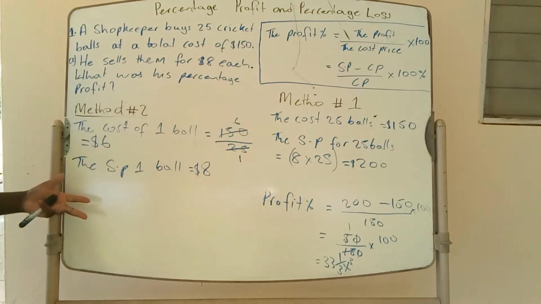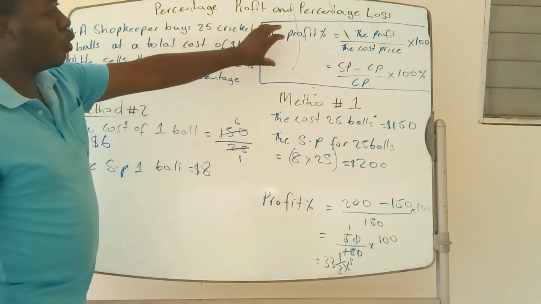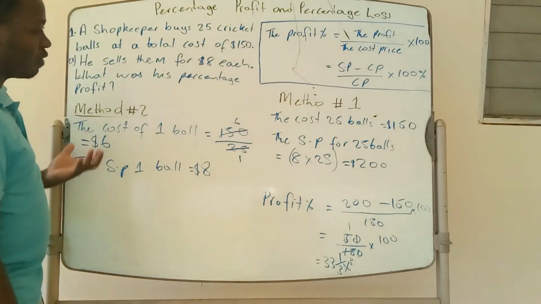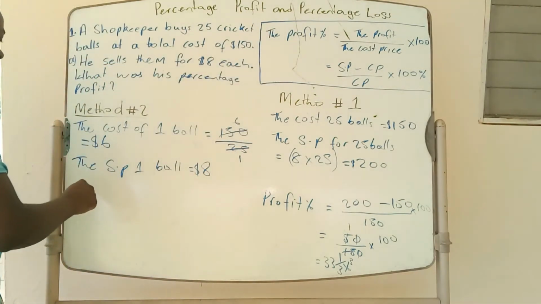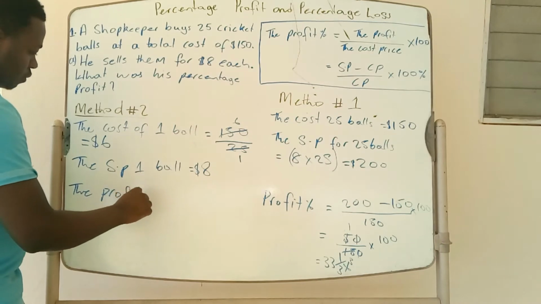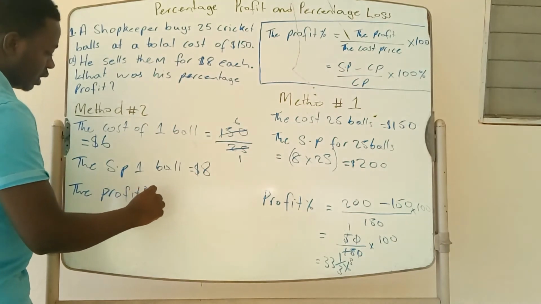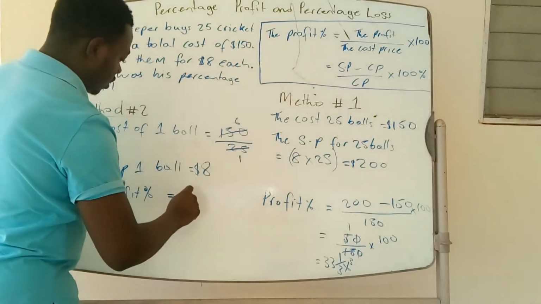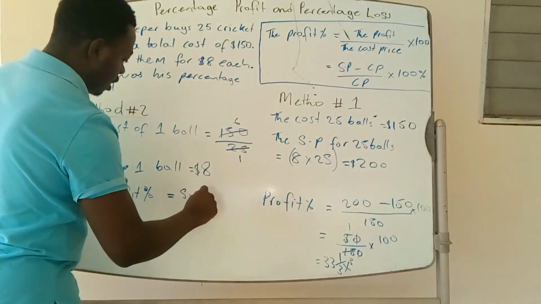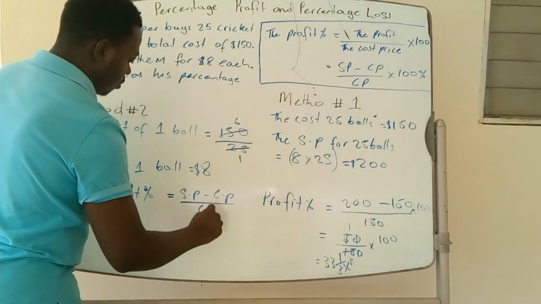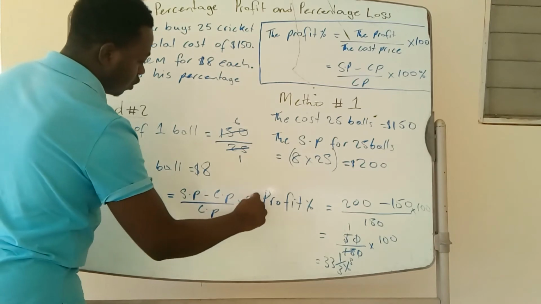Now with this information, we can just simply plug it into this formula and determine the profit percent. So we know that the profit percent is equal to the selling price, SP, minus the cost price, that's CP, all over CP times 100.